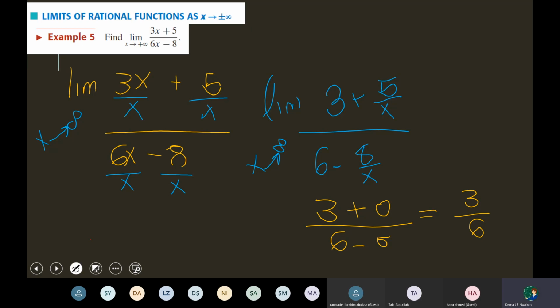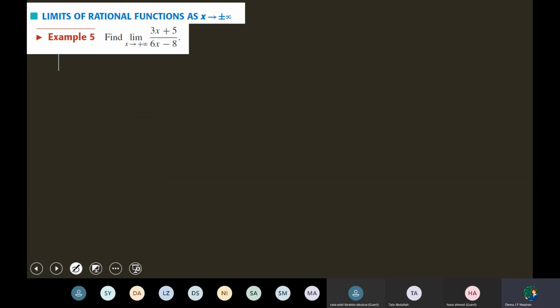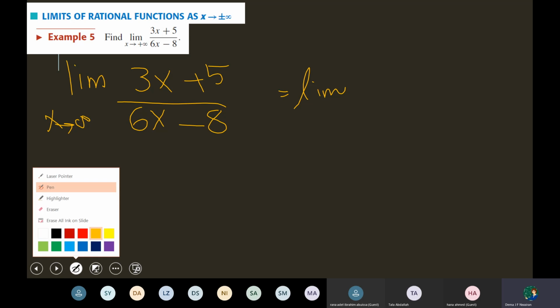Now, I will give you the shortest way. Here I have the limit of 3x plus 5 over 6x minus 8 when x approaches infinity. What I have to do is ask, what is the highest power in the numerator here?